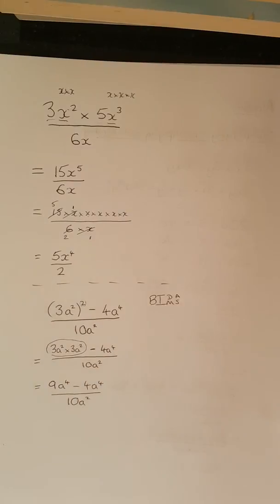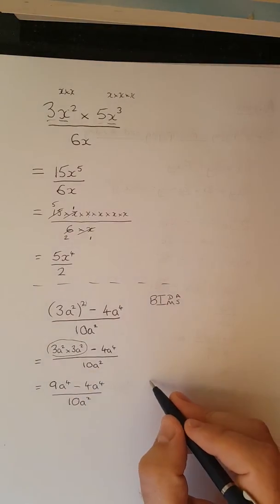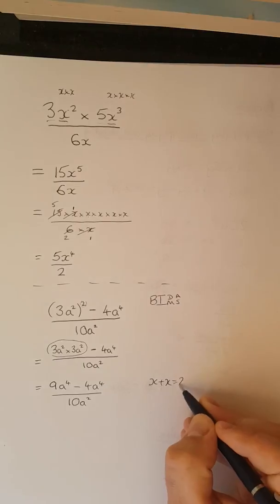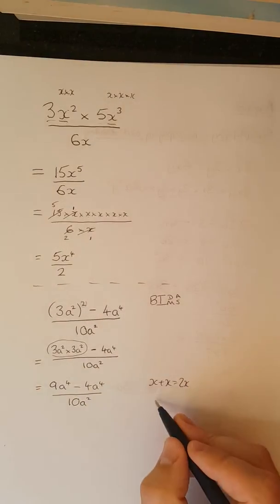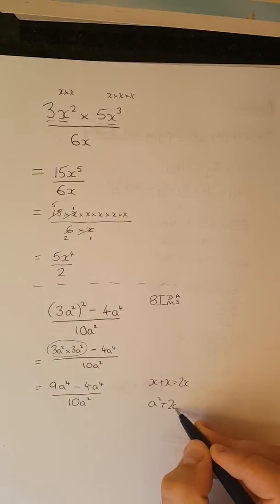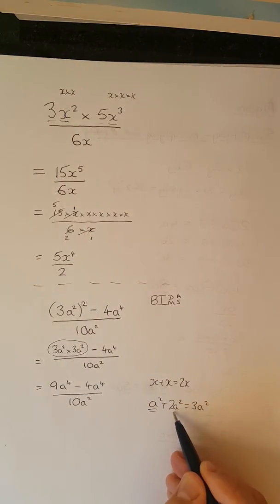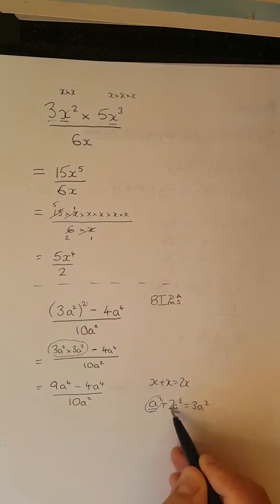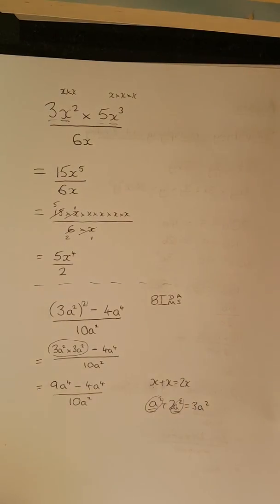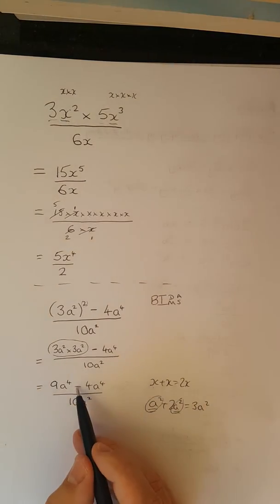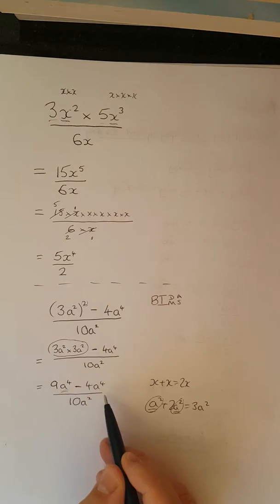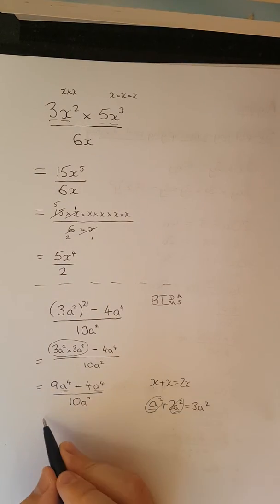Now, we've been doing multiplying and dividing here for simplifying, but actually we've now got a subtraction. Now what we saw previously was x plus x was 2x. We also saw that a squared plus 2a squared was 3a squared. So when we have the same unknown here, whether it's a single one or a squared, we can do that. So we have a subtraction, but fortunately we have the same things here.